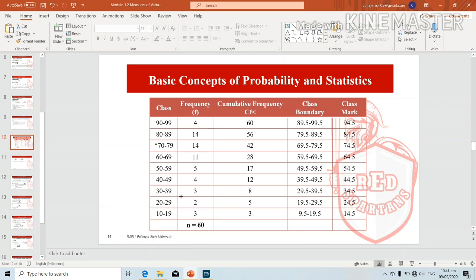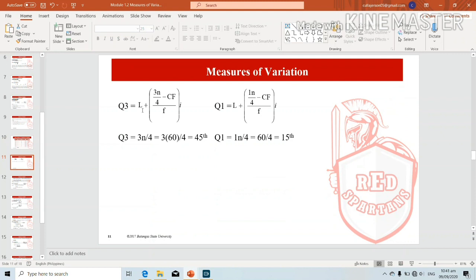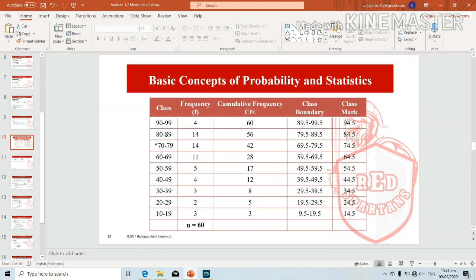So, kunin muna natin yung kay Q3. So, exact lower limit containing Q3 is ito. Exact lower meaning 79.5.